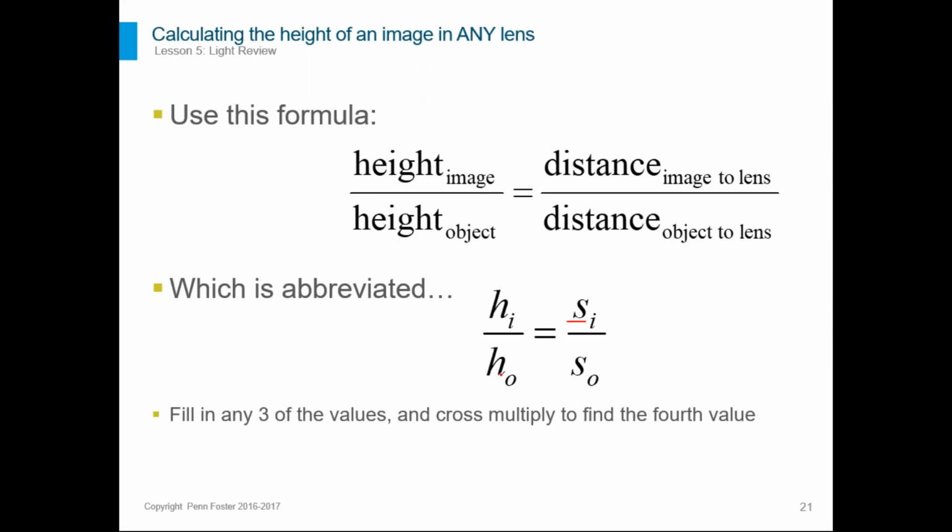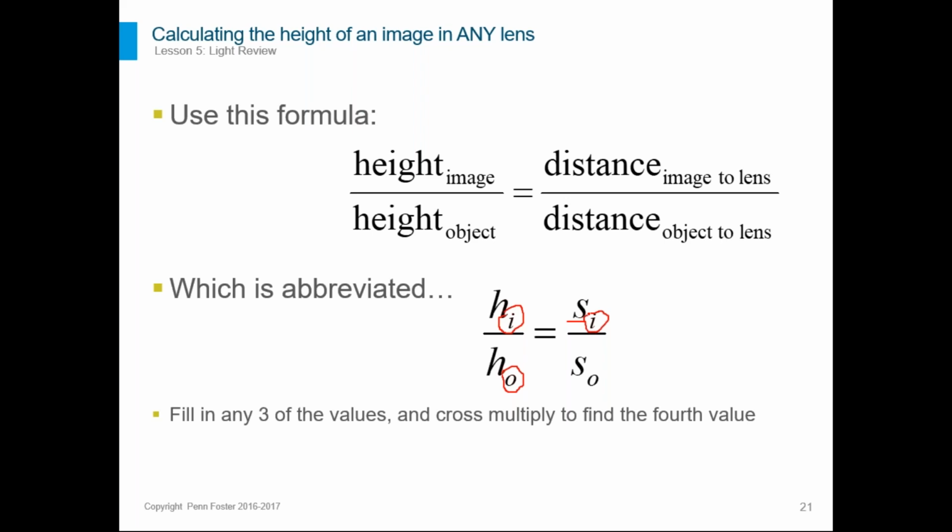The object, the thing that's making this original image, is O, and then after the light goes through the lens and it's refracted, then we deal with the image: the height of the image and the distance of the image. So you just fill in any three of the values, which you'll get in the problem, and then cross multiply to find the fourth one.